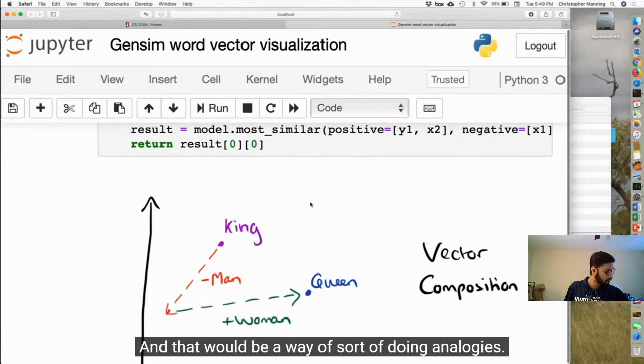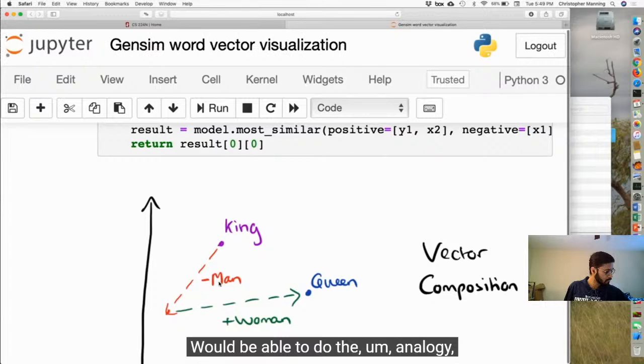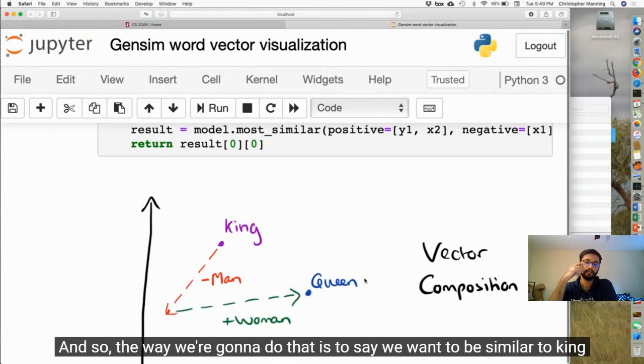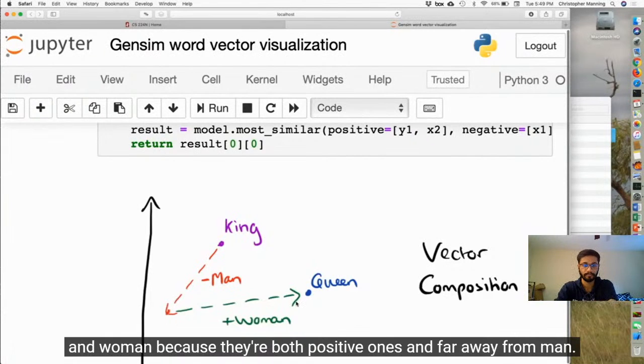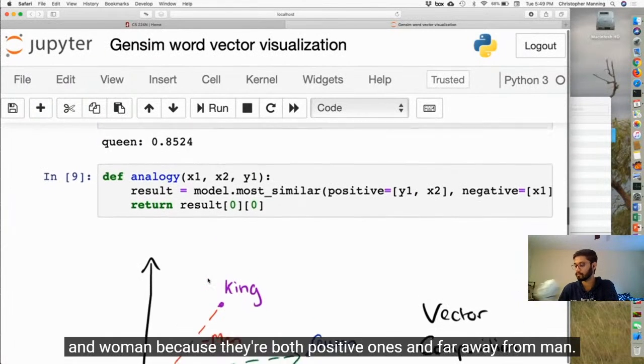That would be a way of doing analogies: man is to king as woman is to what. So the way we're going to do that is to say we want to be similar to king and woman, because they're both positive ones, and far away from man.